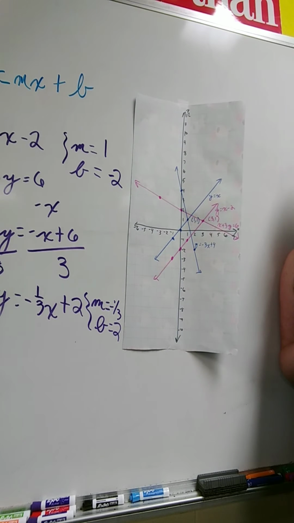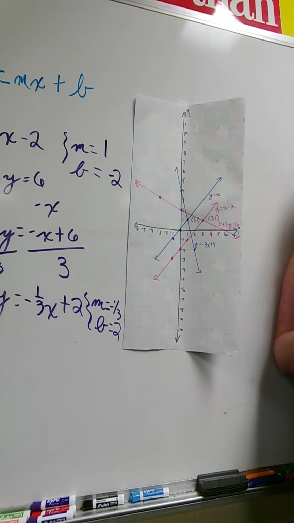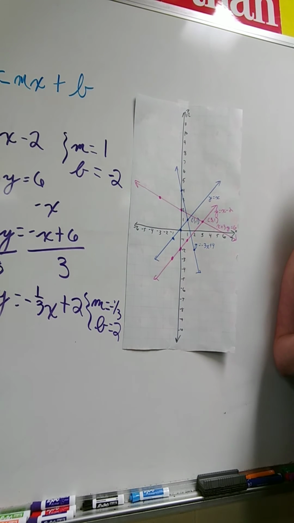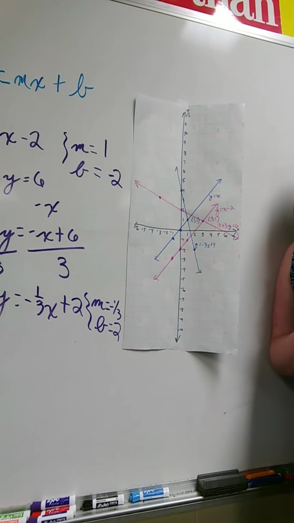One of the variables in our slope-intercept form equation can tell us if they will be parallel or not. Does the y-intercept have anything to do with lines being parallel? No.